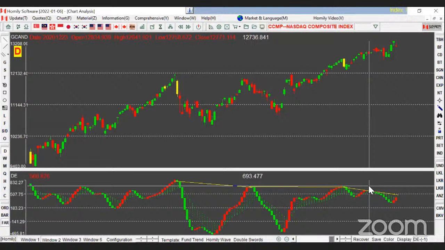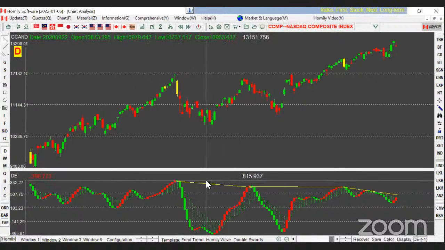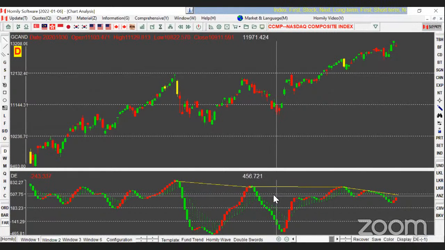But sooner or later, the great drop would come, because this is an abnormal situation. Bearish divergence tells you it's an abnormal situation, and the longer the divergence lasts, the more forceful the correction would be in future.